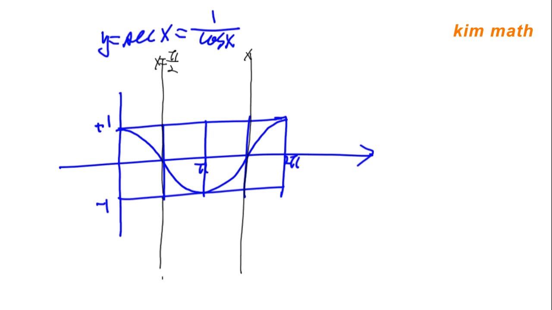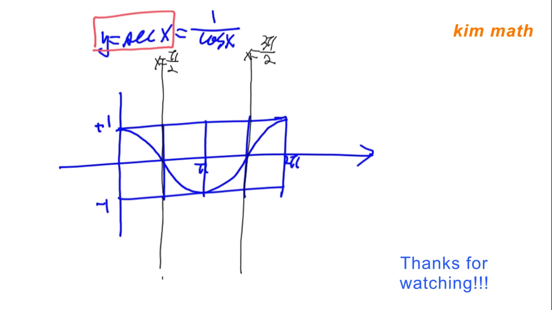This vertical line is x equals 3 pi over 2. Now I hope you can sketch secant here, here, and here. Continue. Okay?